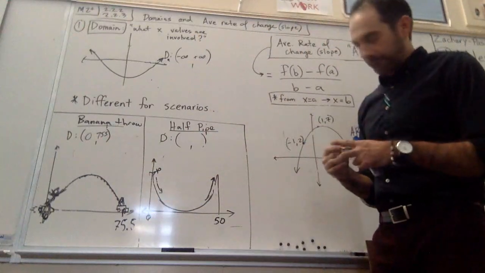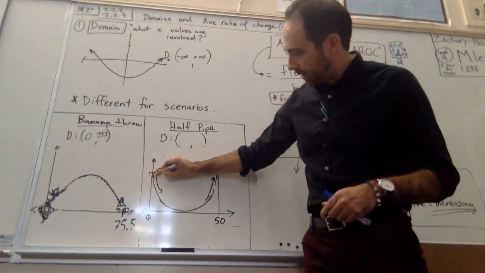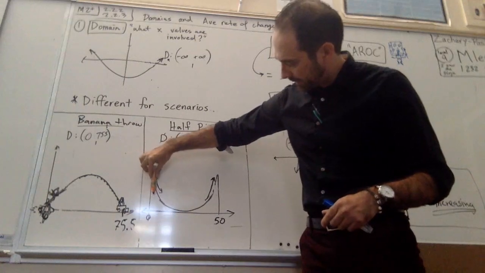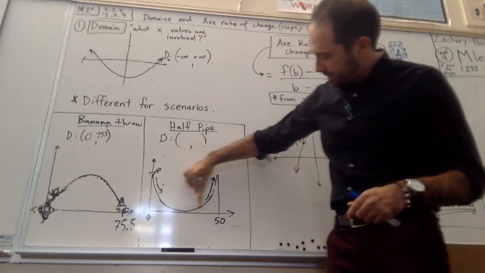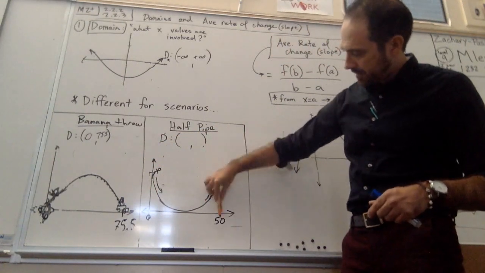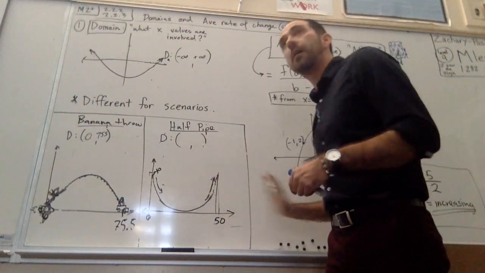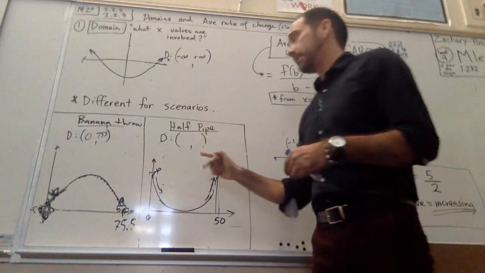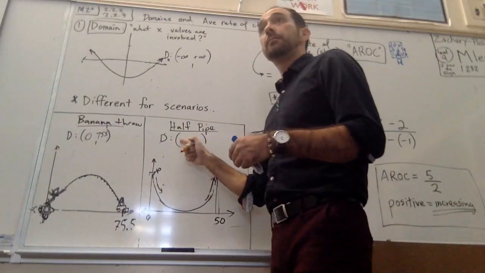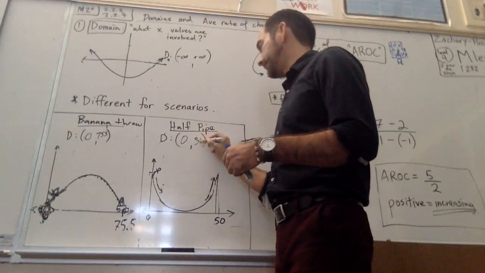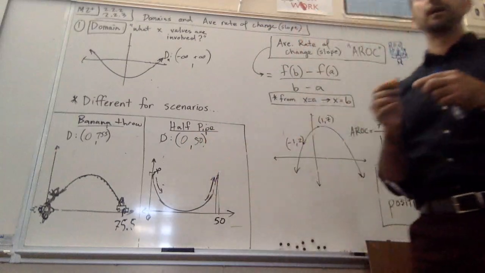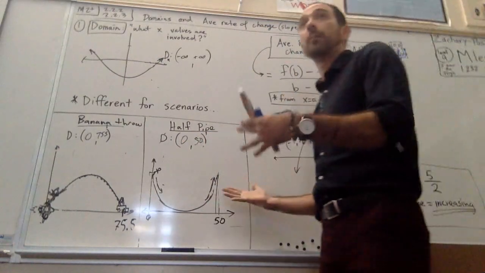How about this one with the half pipe? We start up here, we're at 0 for x. We're going to proceed over to what value? 50. So if the half pipe is 50 meters long, then my domain would be what? 0 to 50. Okay. It does depend on how they designed the problem.